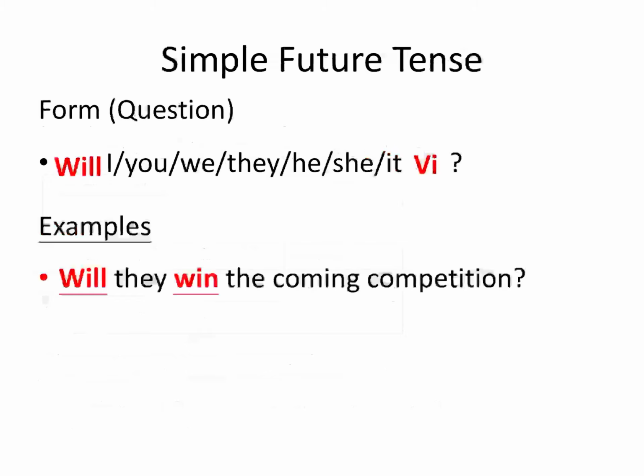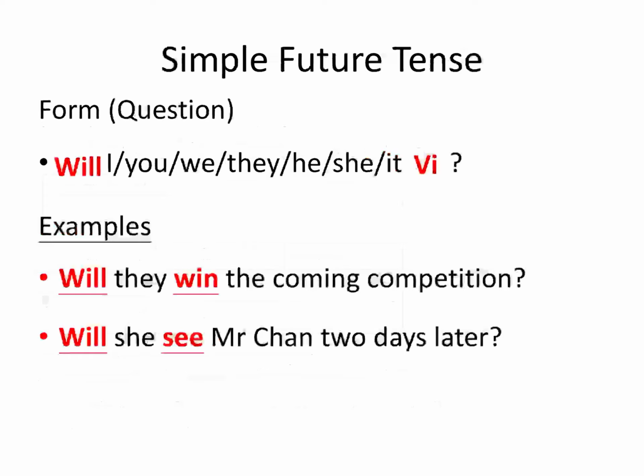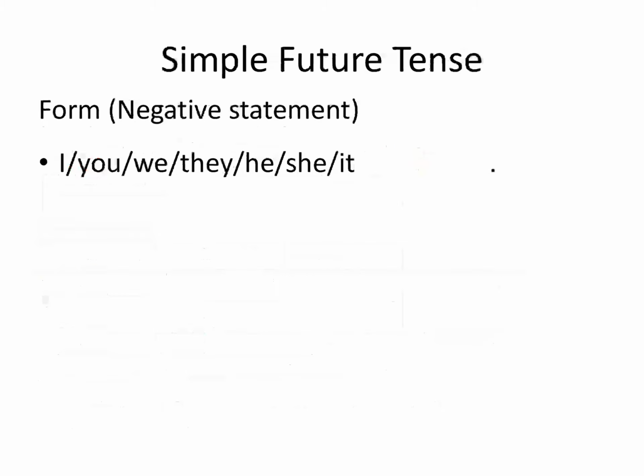Examples: will they win the coming competition? And will she see Mr. Chan 2 days later? You can see that the verb infinitives, the second part of the verb of both examples, win and see, do not change.